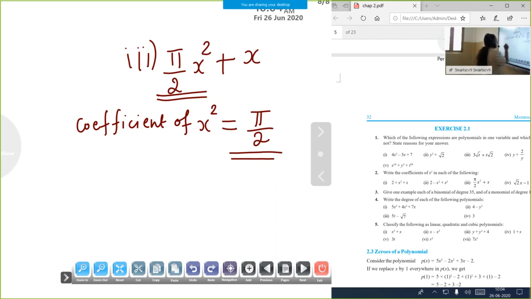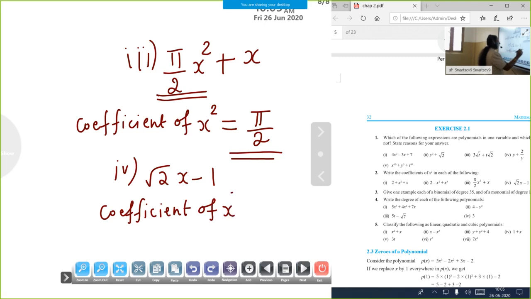And the last one, root 2x minus 1. What is the coefficient of x square?